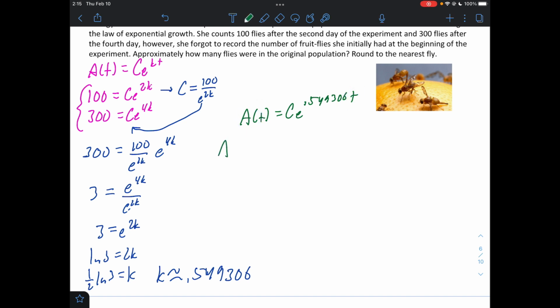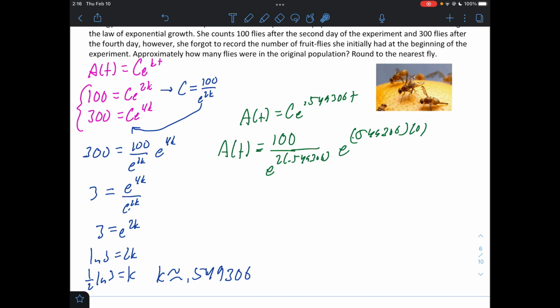So that gives me A of t equals 100 over e to the 2 times 0.549306, times e to the 0.549306 times 0. Okay, so this will all just be 1, so I really don't need that.